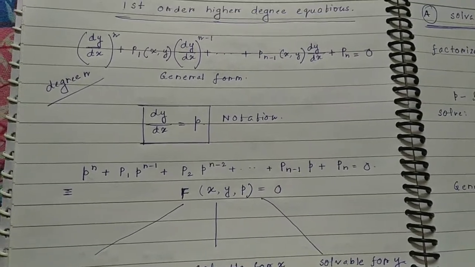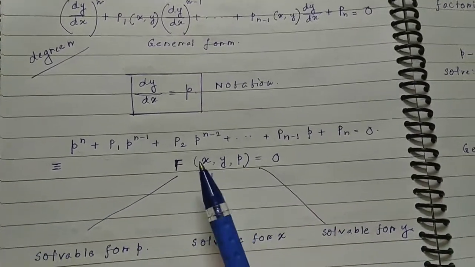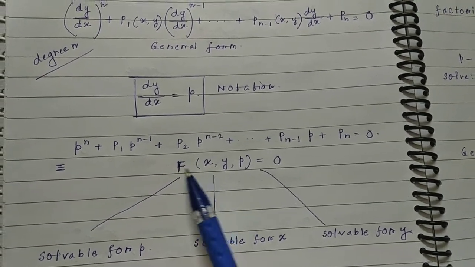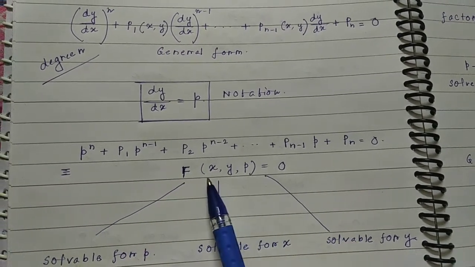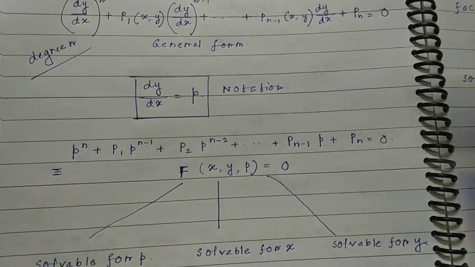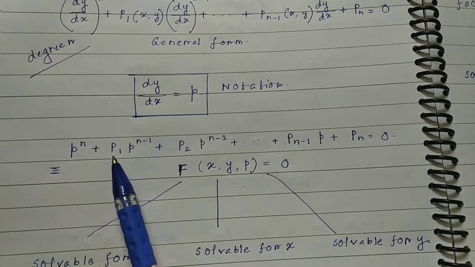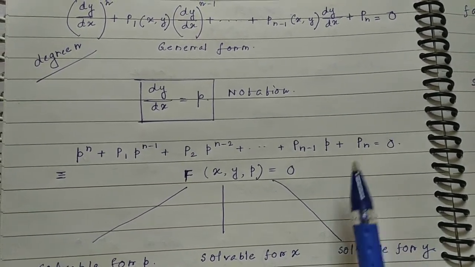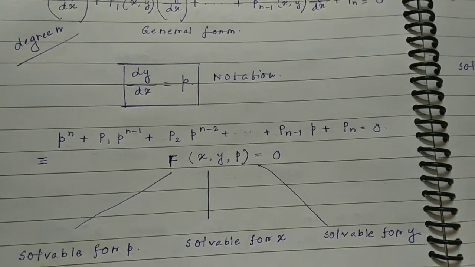So basically this whole thing is a function of x, y and p. This capital P1, capital P2 up to Pn are all functions of x and y.